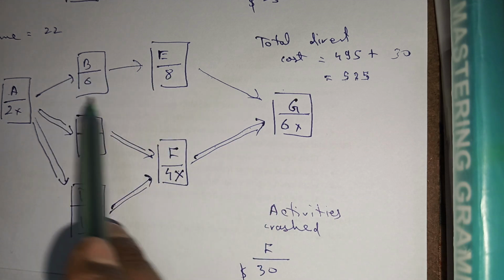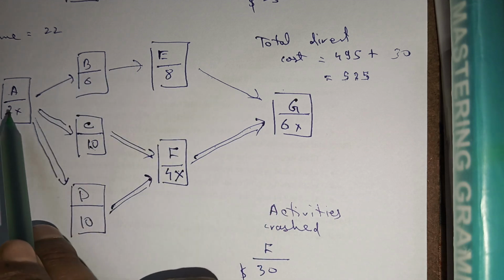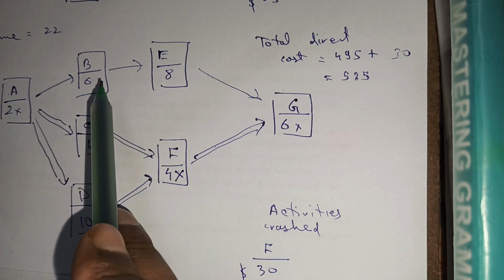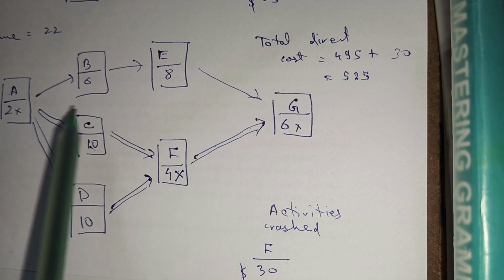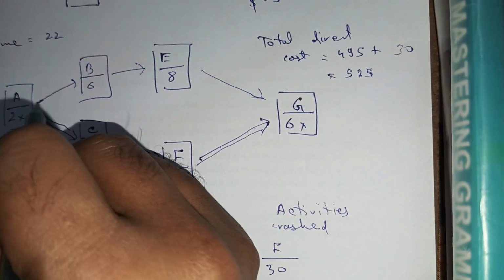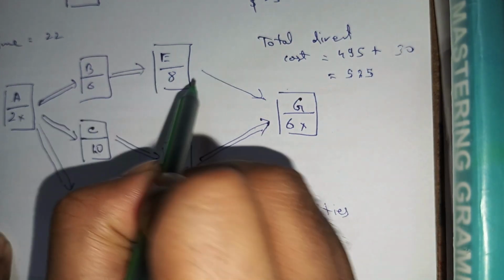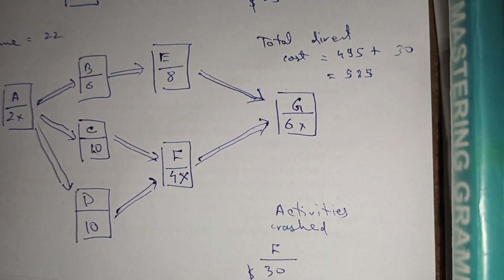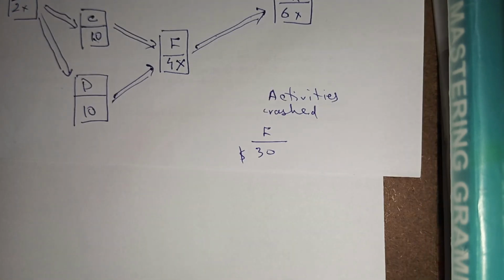And if you look at the upper one, 10 plus 2, 12, 8 plus 2, 10 plus 6, 16 plus 6, 22. So now all the paths have become the longest paths. So there is a huge change in our network diagram, and all paths have an equal number of days. So now it is something very tricky.